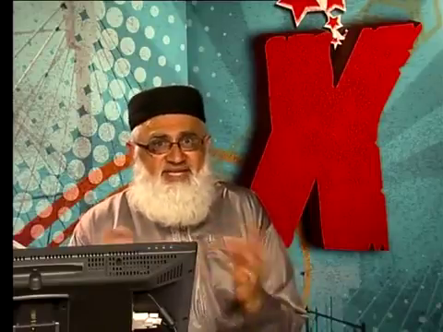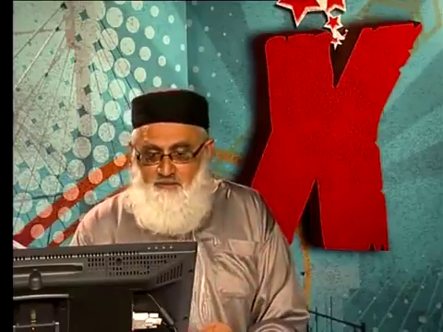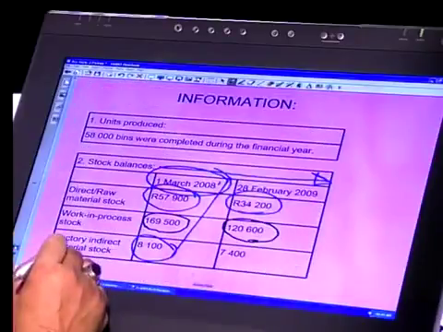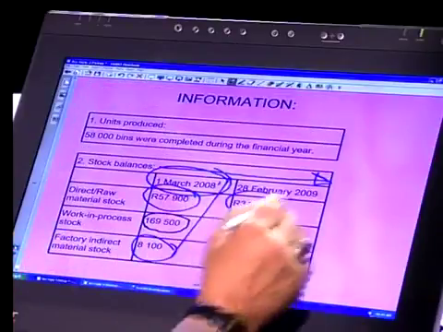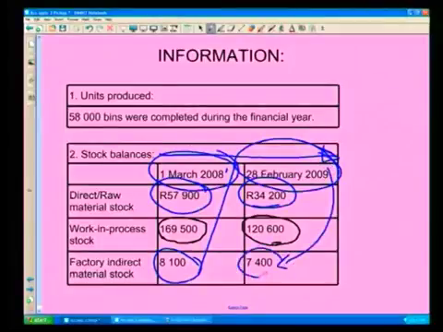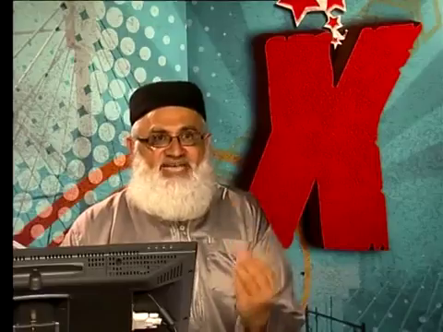Do I have any other information regarding factory materials? In this particular case, no, but there could be information. There could be a return. There could be defective materials. There could be indirect materials stolen. Whatever the case may be, look for the information. In this case, nothing, but what else do I know? Looking at my note once again, factory indirect material stock at the end of the year. That's right.